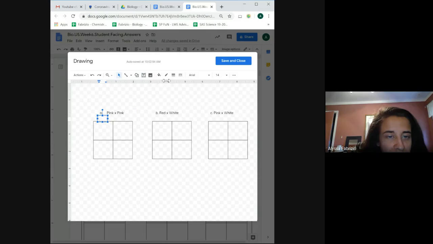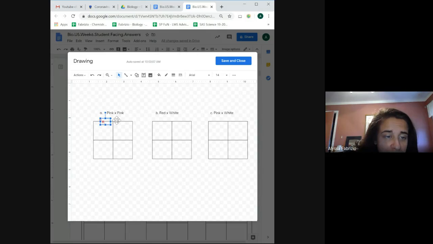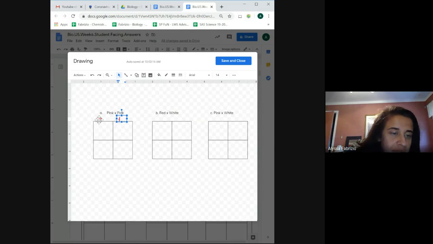So what are our pink ones going to be? Rr. Uppercase and lowercase. Very good. Let me just make this one a lowercase. And for both of them, right?